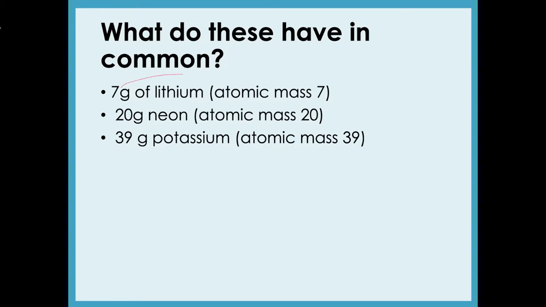So 7 grams of lithium, which has an atomic mass of 7, and 20 grams of neon, which has an atomic mass of 20, and 39 grams of potassium, which has an atomic mass of 39. So what we find for a mole, so a mole is a certain number of particles, and when we have a mole of those particles, if it's an element, then 1 mole of an element has the same mass as its relative atomic mass.